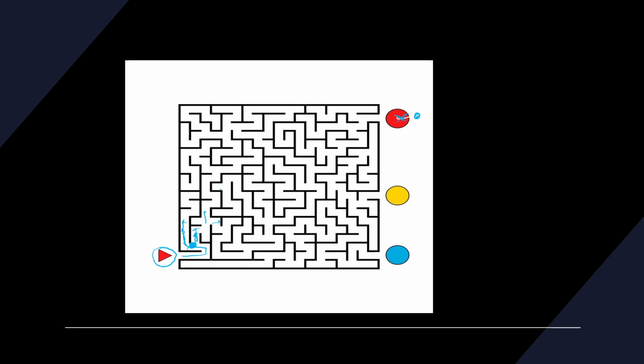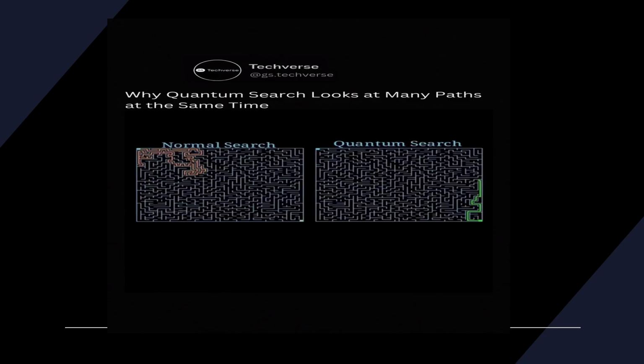Whenever two paths occur, the agent has its own copy move along both paths at the same time, so they can search multiple paths simultaneously. This phenomenon is called quantum superposition. To explain this, I have included a video in the next slide. Let me show it.